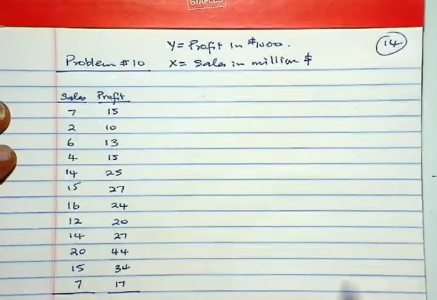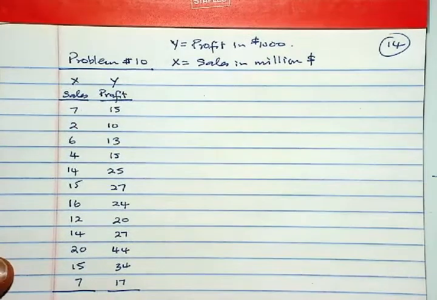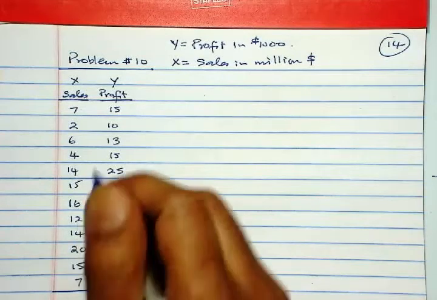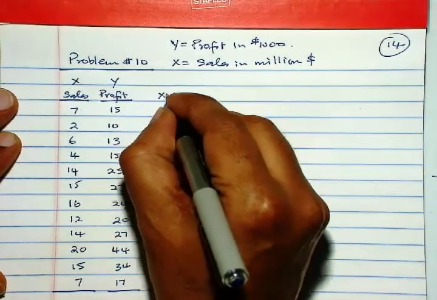Okay, so this is X and this is Y. And now we're going to fit a regression line. And also we need to calculate standard error and coefficient of correlation. Therefore, we need X times Y and then X squared and Y squared.